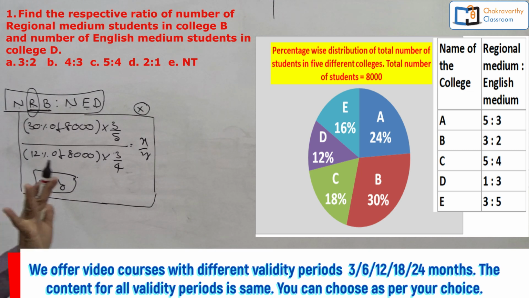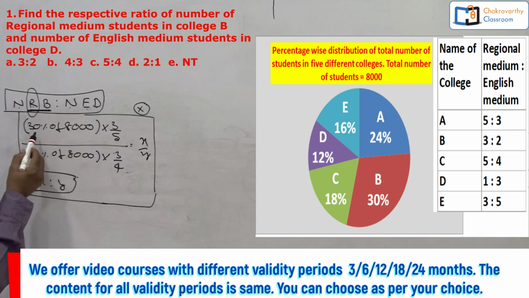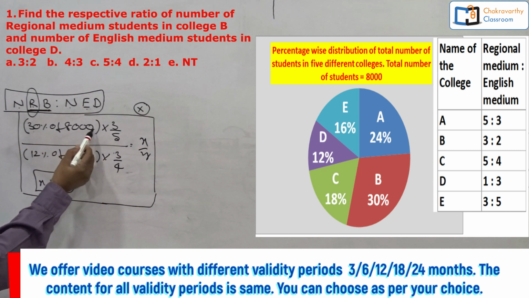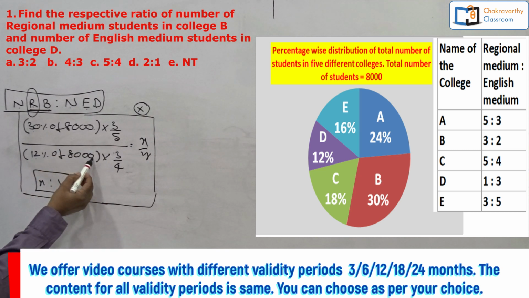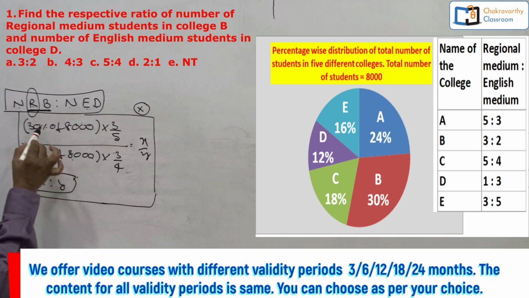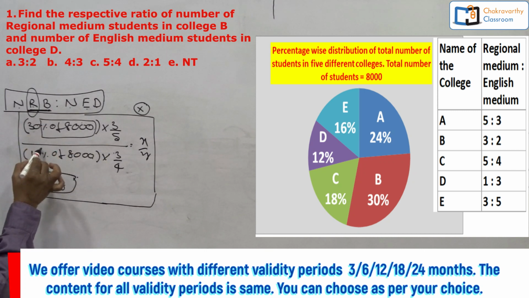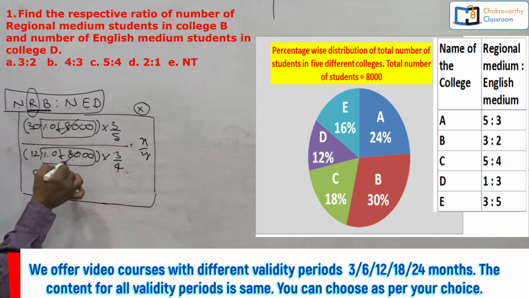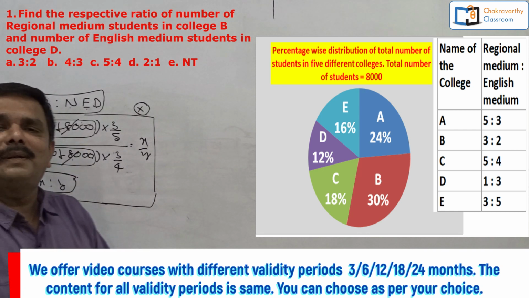Here you observe: 30% of 8,000, 12% of 8,000. What is the need to take this? Anyway, ratio is nothing but divided by, so this and this part is going to be cancelled. As simple as this.